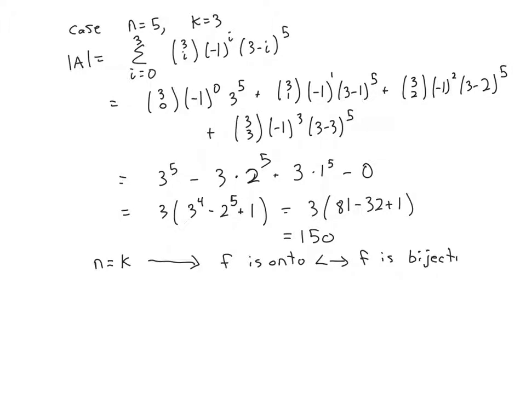Because every element gets mapped to, and it turns out the size of each pre-image has to be exactly 1, because if you have 2 points mapping to the same codomain point, by size considerations, things end up not working out. So the answer is actually simpler in that case. So you could actually try that, do the calculations the hard way, and see that you actually get n factorial.